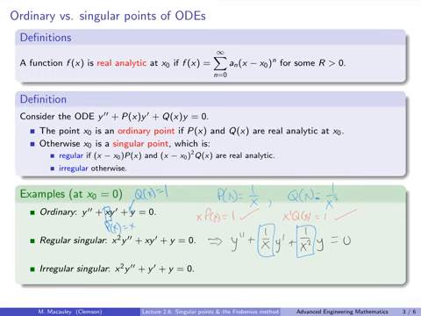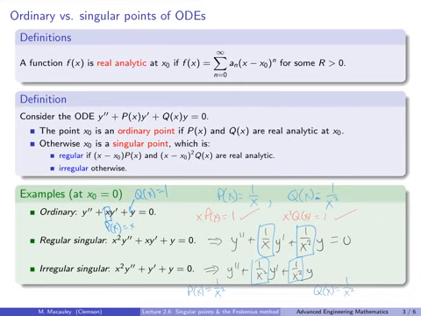Okay, here's a non-example. So I claim 0 is an irregular singular point in this equation. Let's see why. So let's do the same thing. y double prime plus, now we have 1 over x squared, y prime plus 1 over x squared y. Once again, this is p and this is q. So p of x equals 1 over x squared, and q of x equals 1 over x squared.